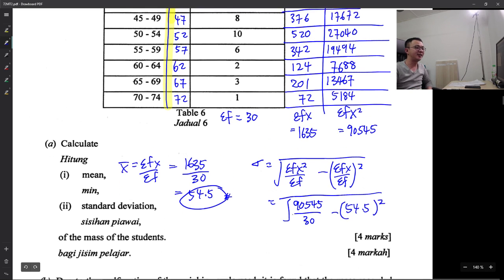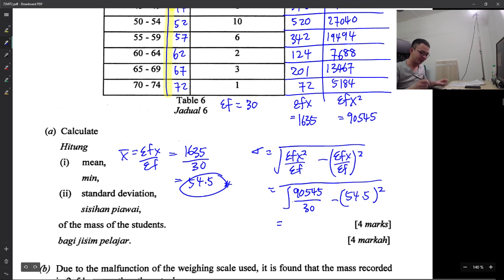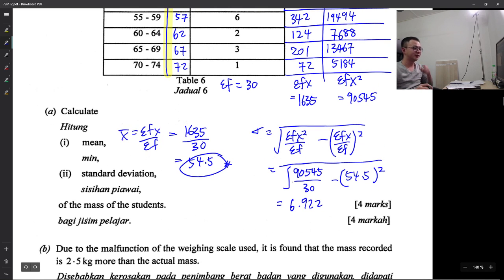Then you can easily get your standard deviation here. I'm not going to waste time typing all these things. You should get 6.922. I think 3 decimal places should be good.